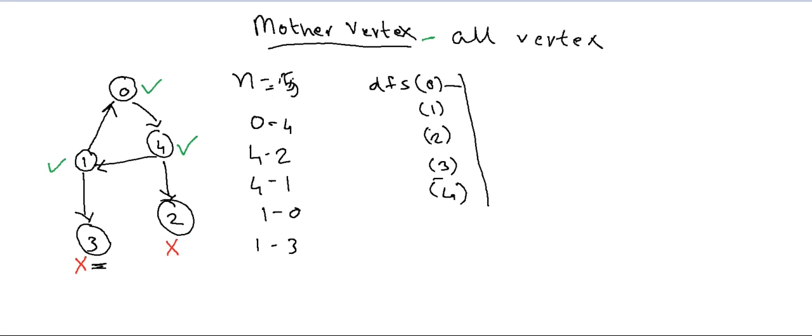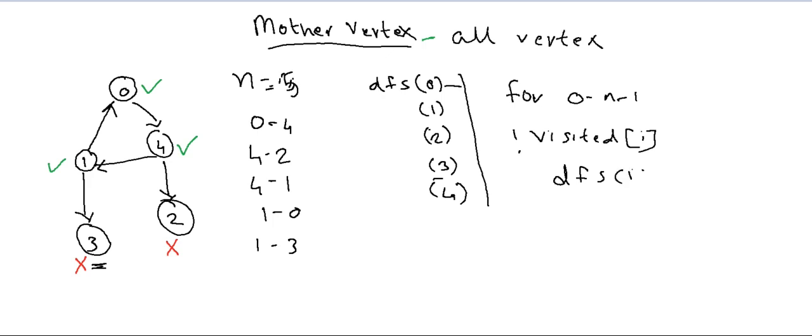So we will have a for loop. Okay, we are going to have a for loop from 0 to n minus 1, and we're going to check if vertex i is not visited, then we're going to start a DFS on vertex i.